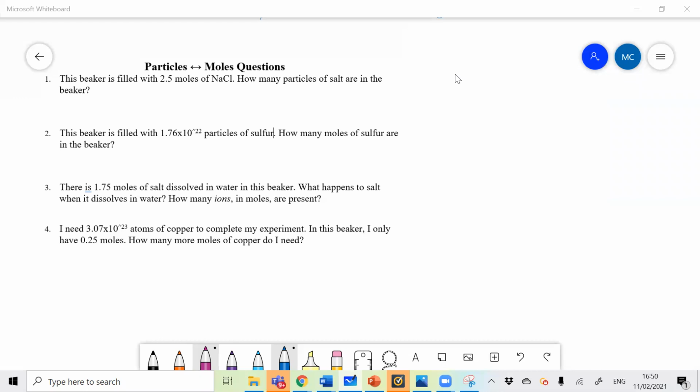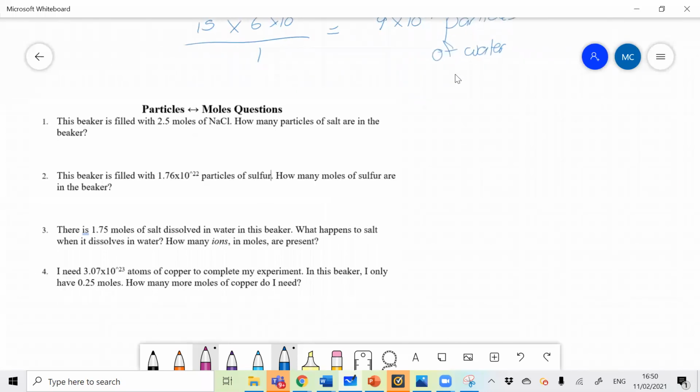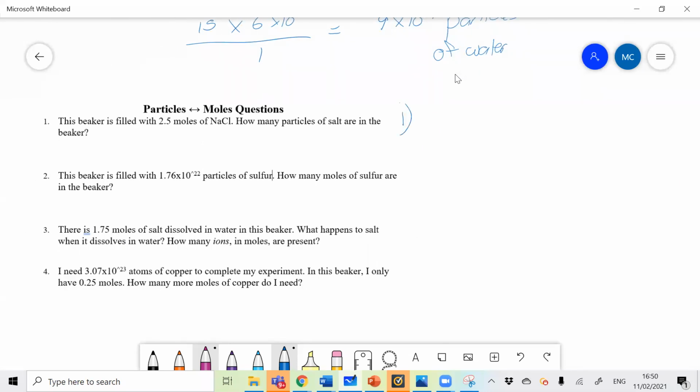So this beaker is filled with 2.5 moles of NaCl. How many particles of salt are in the beaker? So we know that NaCl is 1 particle. So we know that for question 1, we can write 1 mole equals 6 times 10 to the 23 particles. Okay, 2.5 moles equals how much?